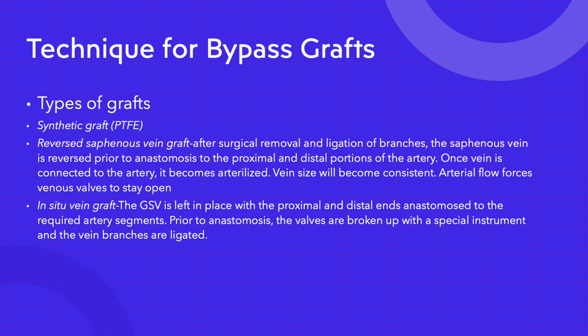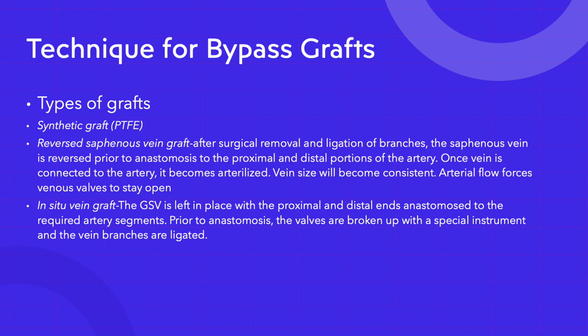Now, the GSV is preferred, because I'm told by our physicians that use the GSV, it's going to last longer as opposed to a graft. You tend to have more problems with a graft. If you use your own human material, your own vein, it seems to last longer and have less problems, less complications.